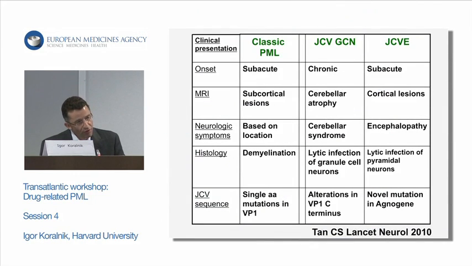So this is our vision of the world, where we have classic PML that we discussed at this meeting, where sometimes you can find single amino acid mutations in the VP1 protein, but we should not discount other manifestations of JC virus, such as JC virus granule cell neuronopathy, where you have alteration in the VP1 C-terminus and lytic infection of granule cell neurons, and finally JCV encephalopathy, in which you have cortical lesions in the gray matter, and preliminary data indicate that you have a novel mutation in the agnoprotein gene in these patients.